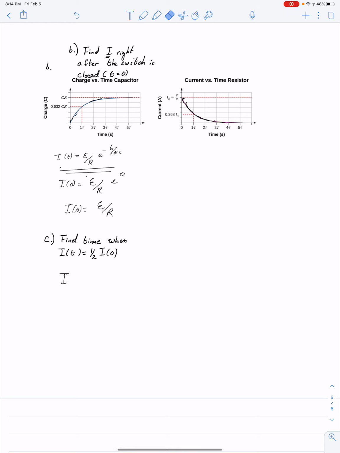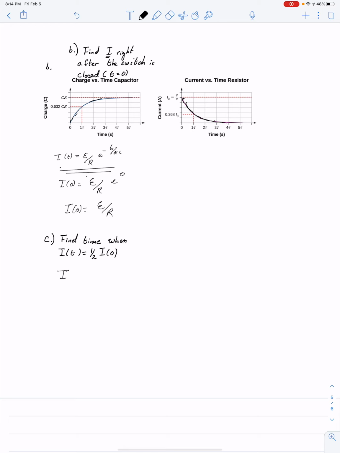It's asking us, so what happens when the initial charge is, well, we have to find the current, I'm sorry, I keep saying charge, the time when the current is halfway the initial current. Oh my goodness, I struggle with that one.